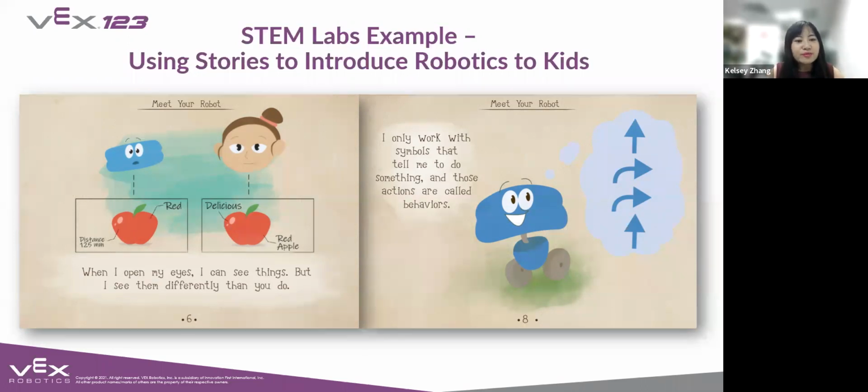But when a robot sees an apple, what the eye sensor can recognize is the color, it's red, and the distance, how far it is to this apple, because this robot's eye sensor can also detect distance.